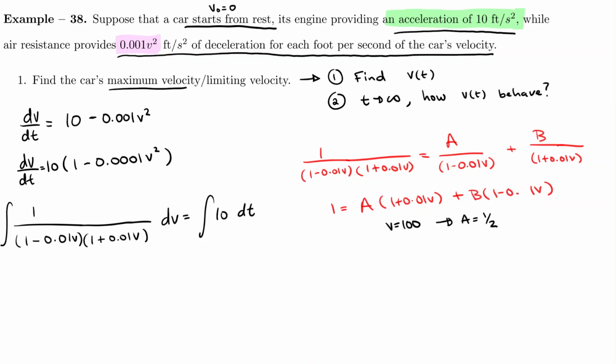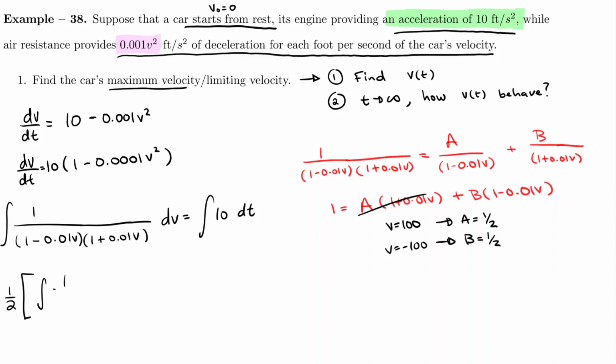Similarly, if I choose negative 100 as my x value, or my v value, now the a term cancels, and we're left with 2b equals 1, b also equals 1/2. Now at this point, whenever we split this up, the 1/2 can be pulled out of both integrals, and in fact soon we'll want to multiply both sides by 2 to get it to the right side.